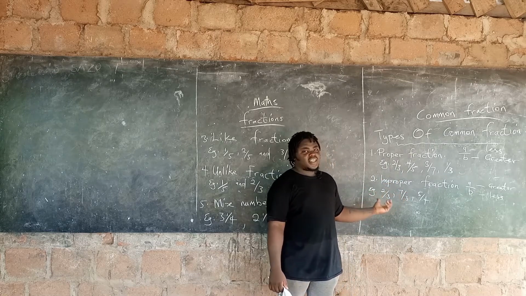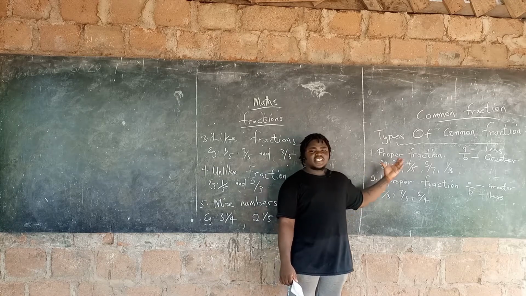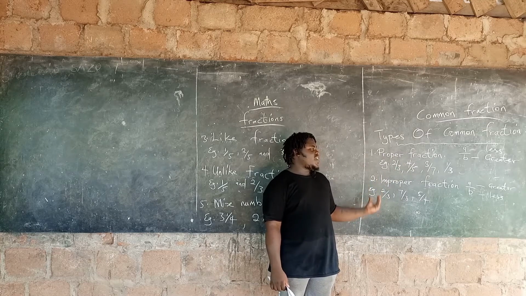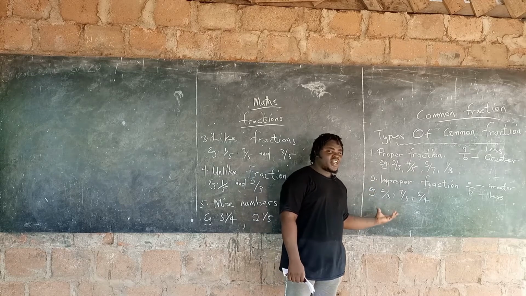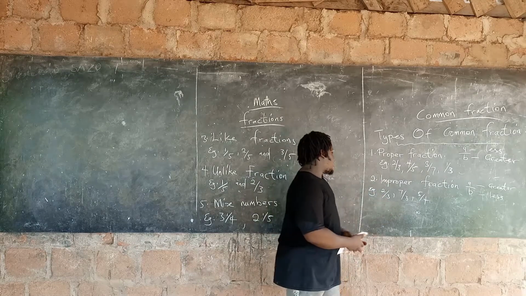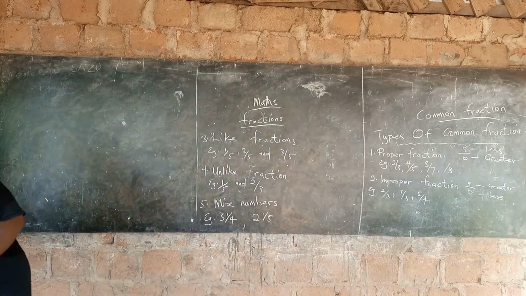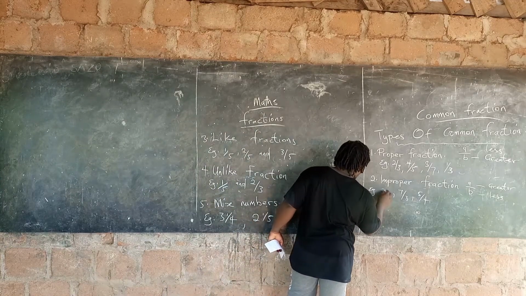Now, improper fraction is the opposite of proper fractions. If proper fractions have their numerator less and the denominator greater, it means that improper fractions have their numerator greater and the denominator less.